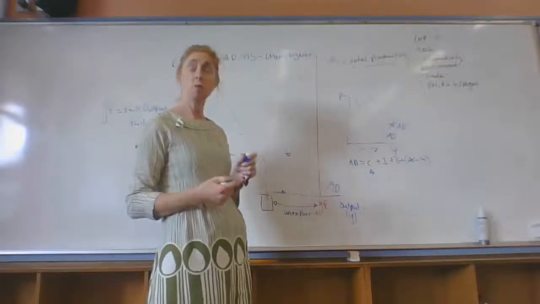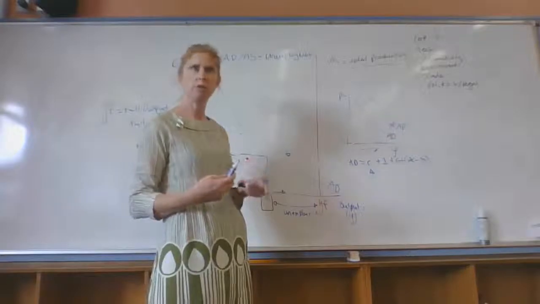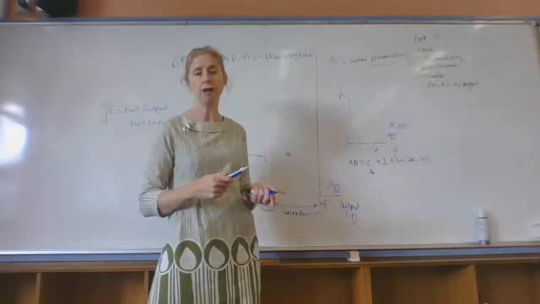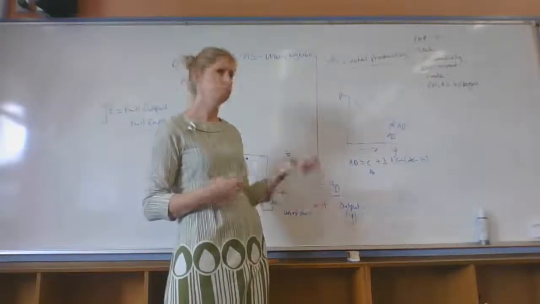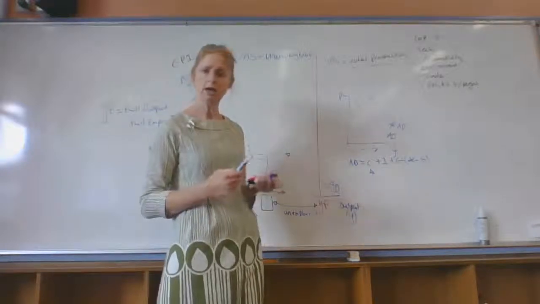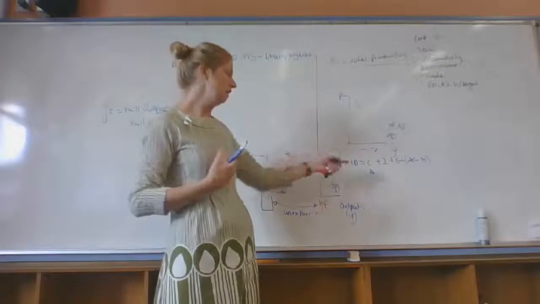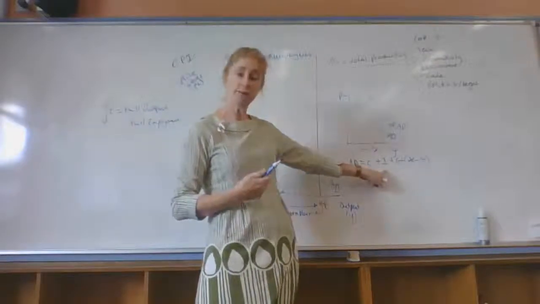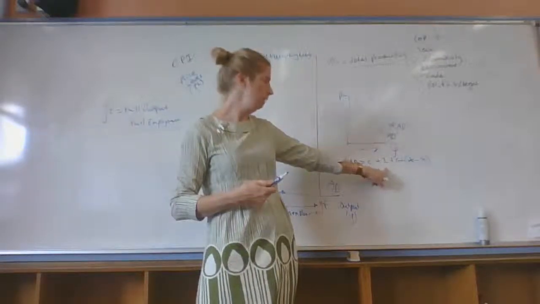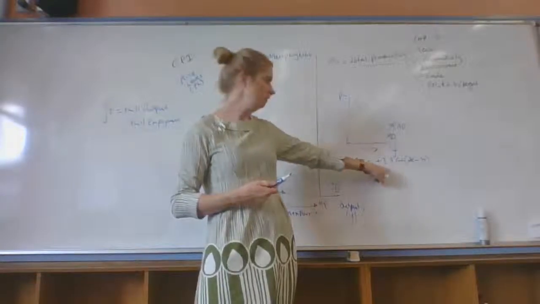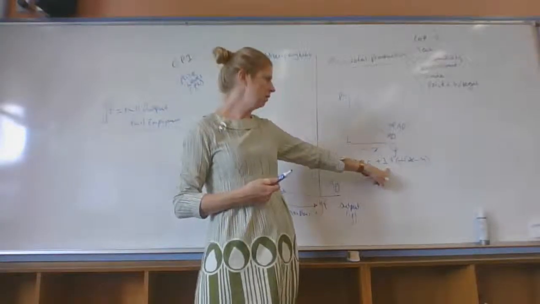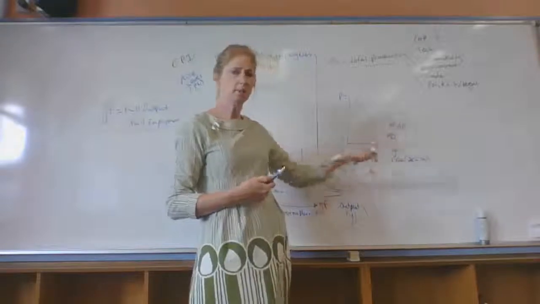It could be that the government's decided to cut company tax, so firms think, well, cool, I'll get to keep more of the profit I make if I carry out investment, so I'll do some investment. There's a research and development tax credit that the government's currently offering. By offering some of your tax back if you do research and development, that's investment. So therefore investment would increase. If that increased and everything else stayed constant, AD would increase.